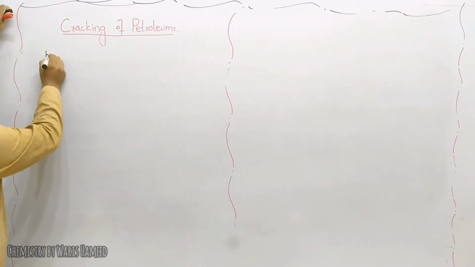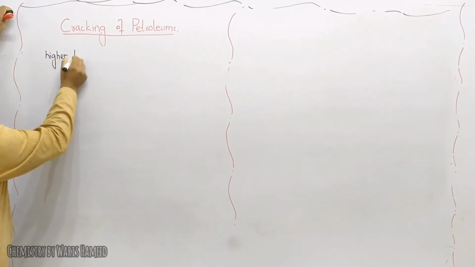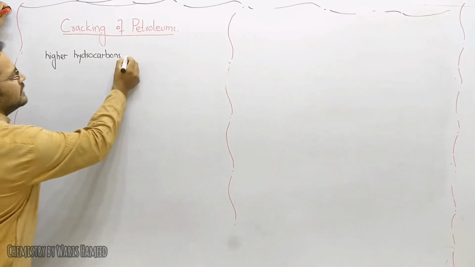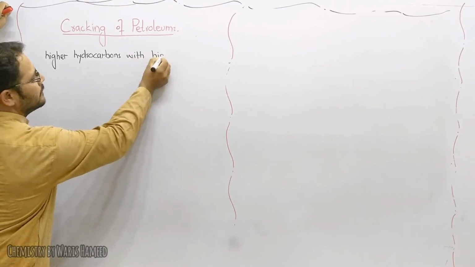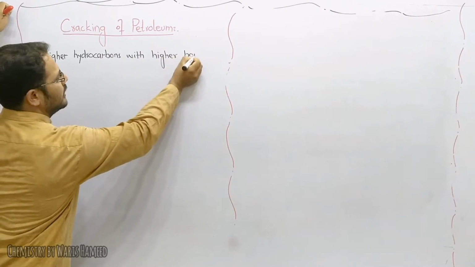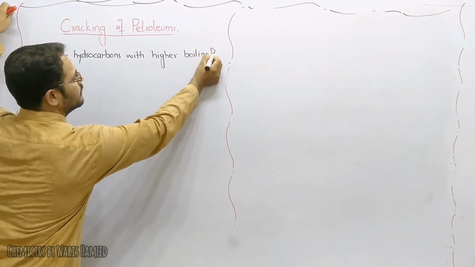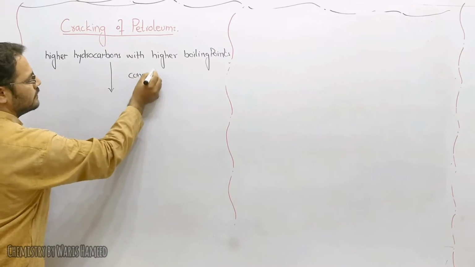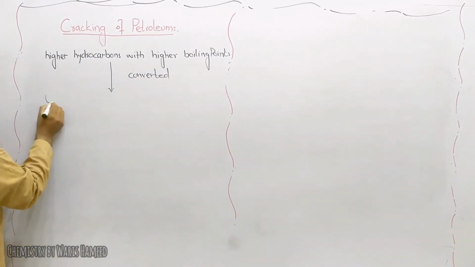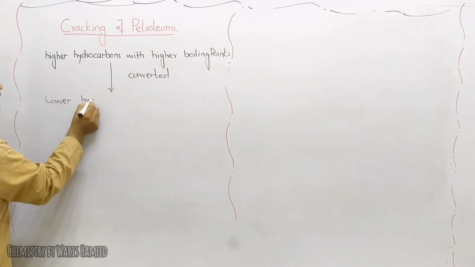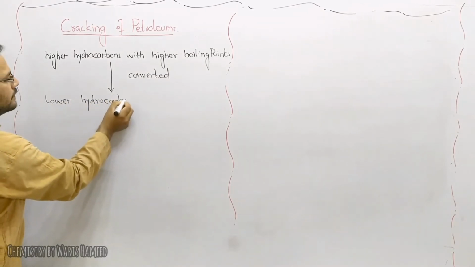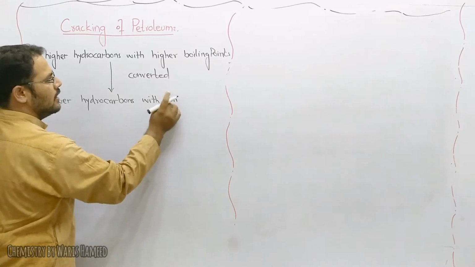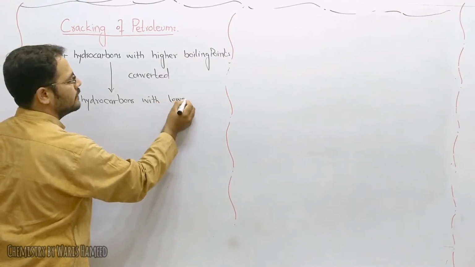In this, higher hydrocarbons with higher boiling point are converted into lower hydrocarbons with smaller or lower boiling points.